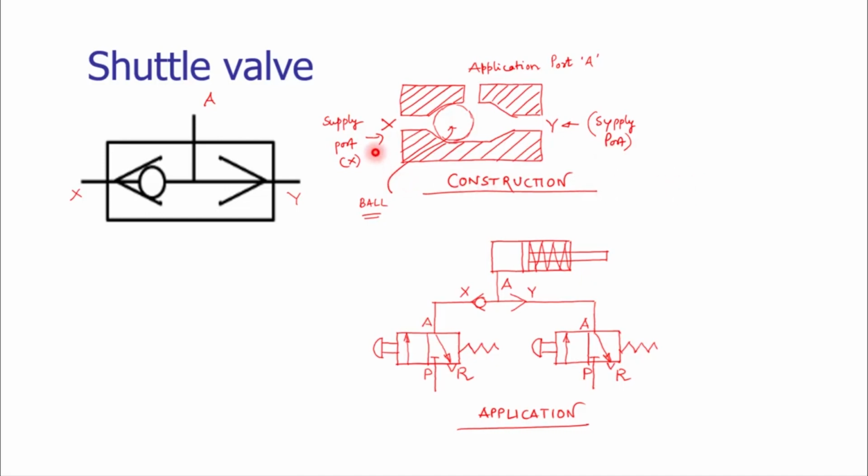If port X is getting the compressed air, the ball will get displaced and block the passage to port Y, and the compressed air from port X will be given to the application port A. When we apply compressed air at port Y, provided there is no compressed air at port X, the ball will displace from right to left and block port X. Then port Y is connected to the application port.